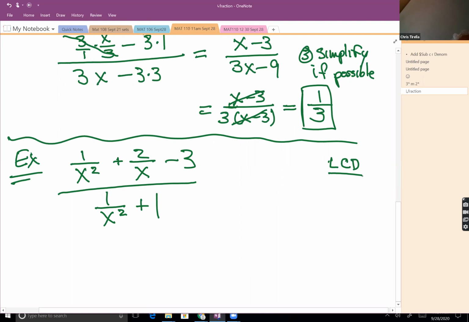In order to find my common denominator, is everybody all right if I think of that 3 as being 3 over 1 and that 1 as being 1 over 1?